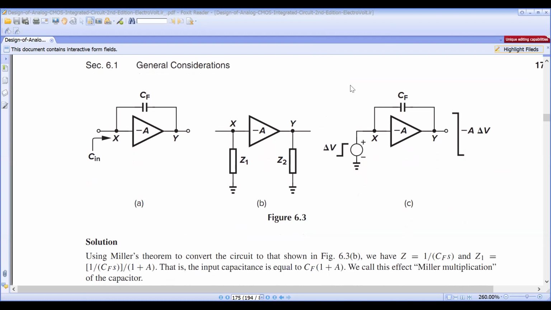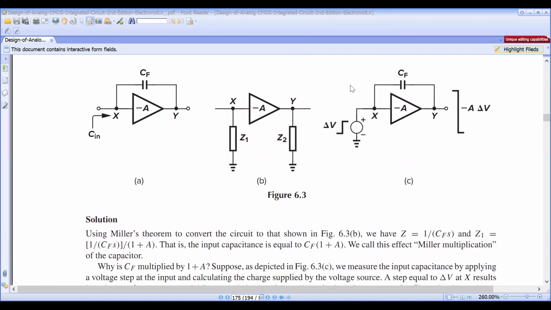See, this is the circuit. This CF is an impedance which is parallel to the main signal. Now in figure B, this CF is existing like this, so it should be replaced with Z1 and Z2. You know the values. What is Z1? Z is equal to 1 by S into CF.